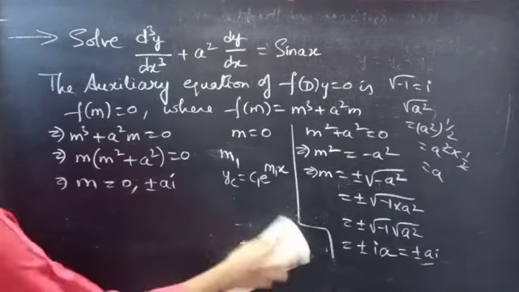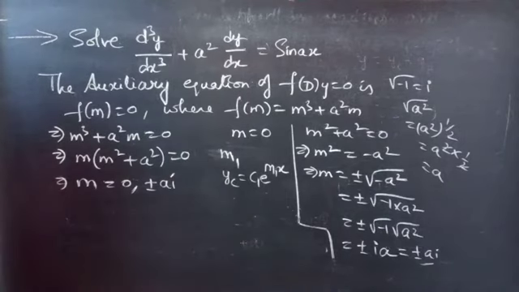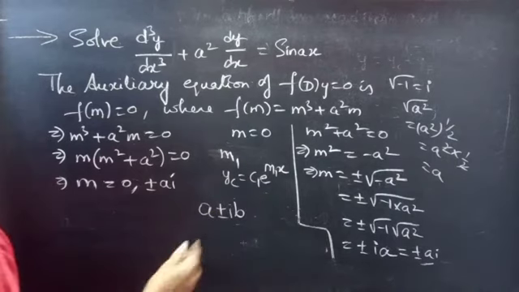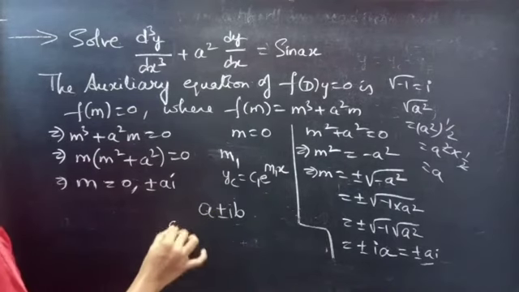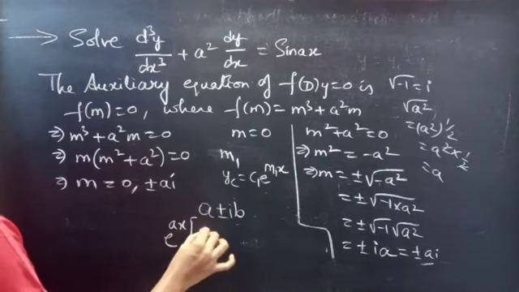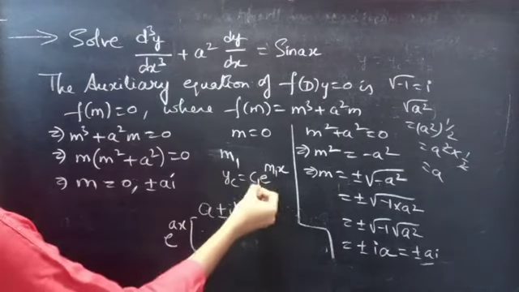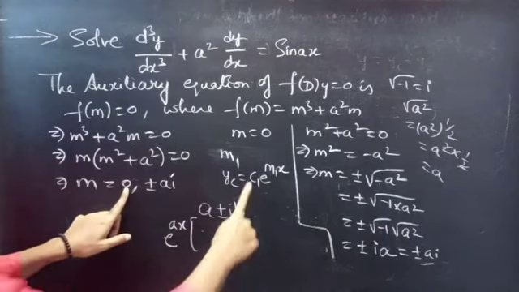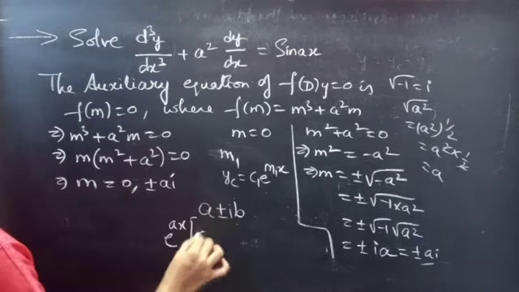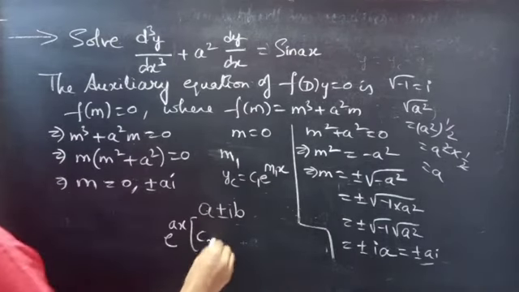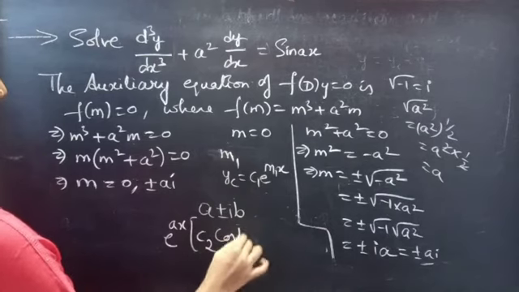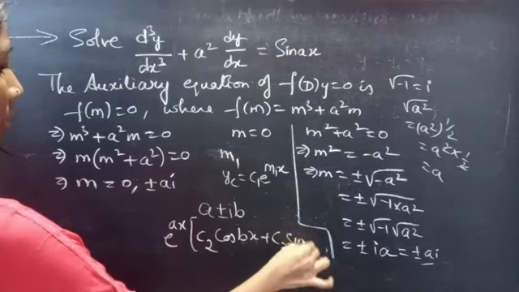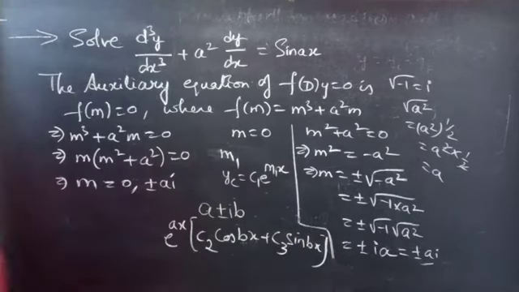So if we have complex conjugate roots, say a plus or minus ib, then the complementary solution will be e power ax into some constant. Here we have already used c1, right? We have three roots. For the first root I have used one constant, so here I am going to use another constant c2 into cos bx plus c3, another constant, into sine bx, right?